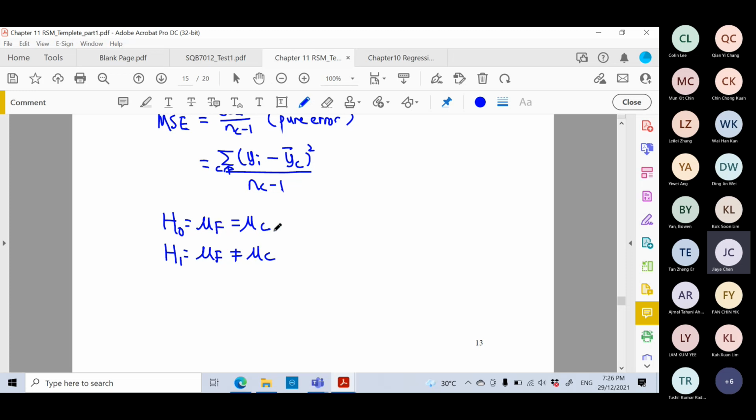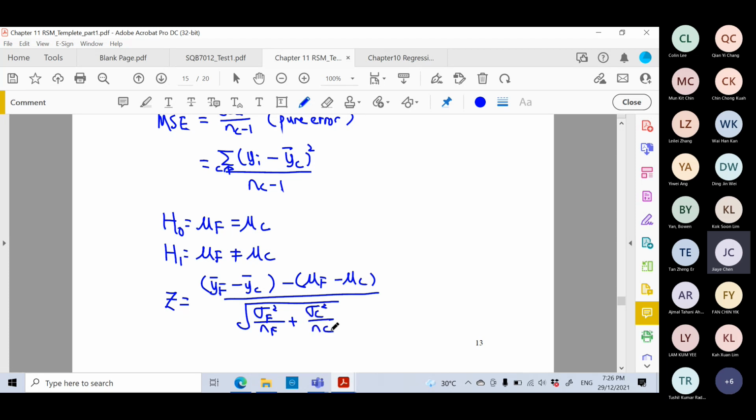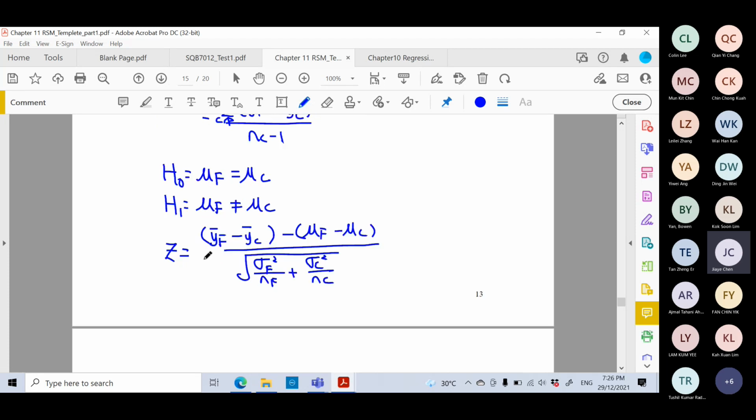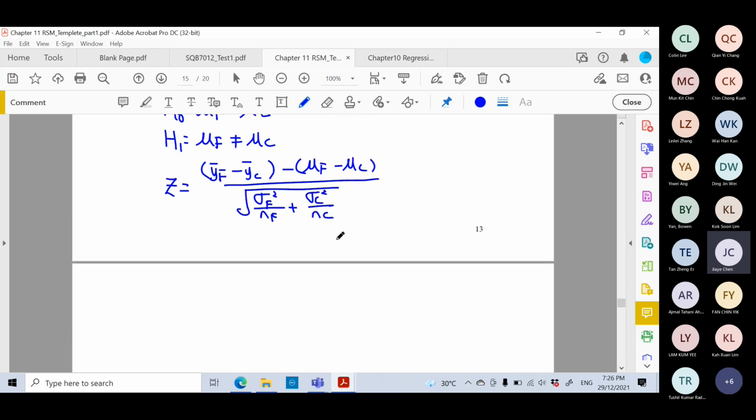So if you are testing two means, you learn the statistic. Testing for the two means, if the variance is known, we have the mean from the factorial minus the mean for the center point in the numerator. Then we need to make an assumption.